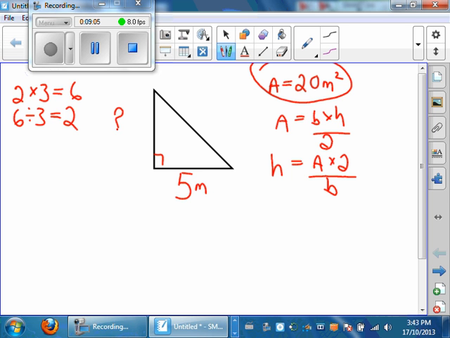We're working in reverse now. So in this case, height is equal to 20 times 2 divided by 5. 20 times 2 is 40, and when you divide that by 5, we end up with 8. Our height here is in fact 8 meters.